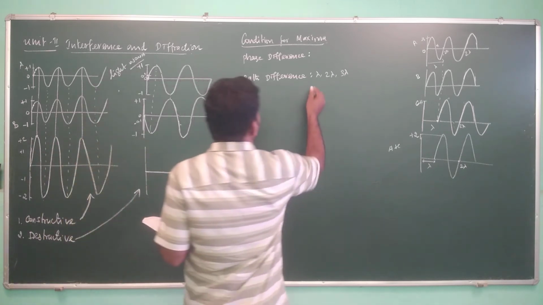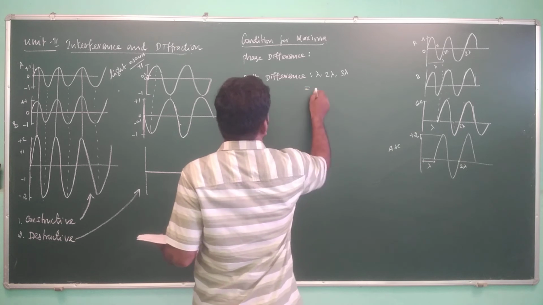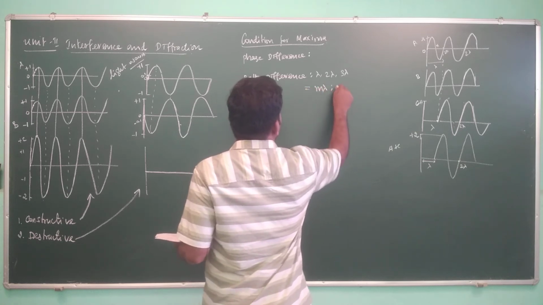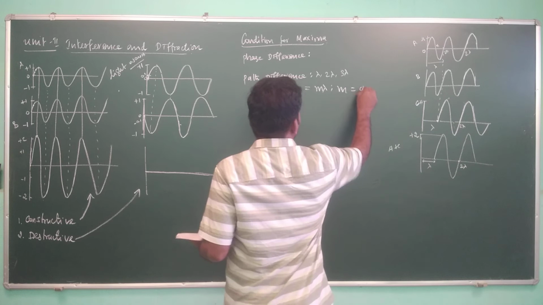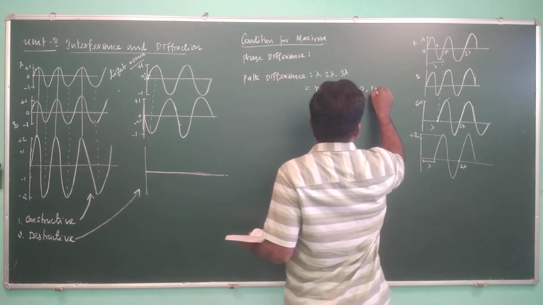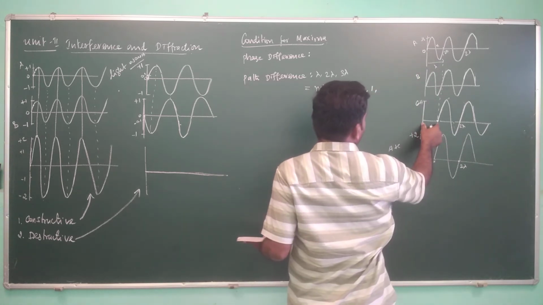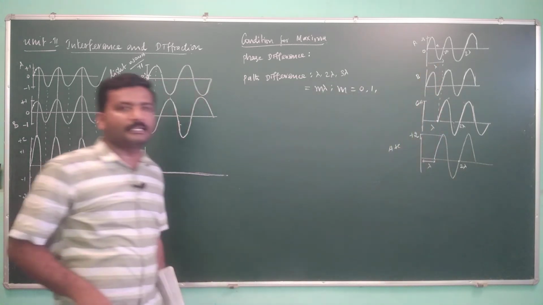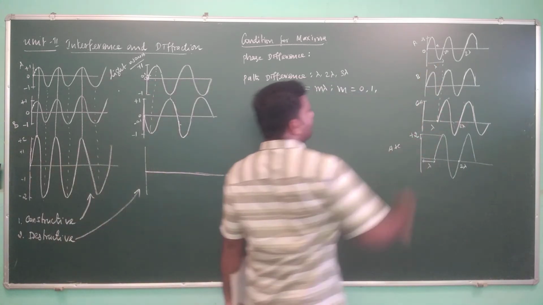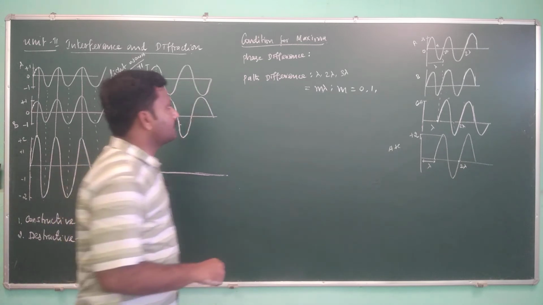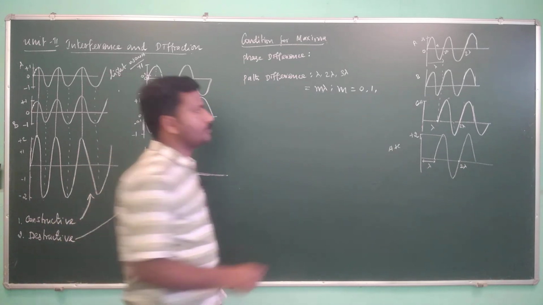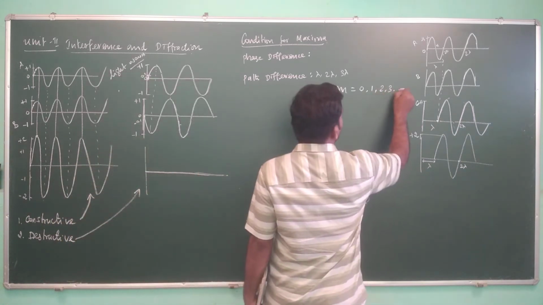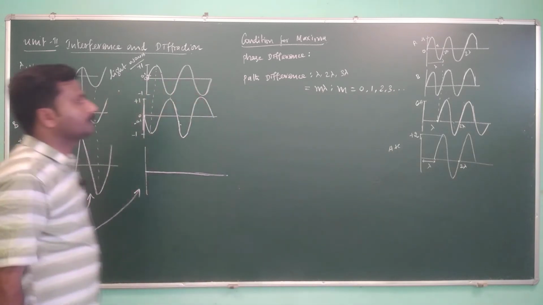In general, you can write that when the path difference is m lambda, where m is equal to 0, which means both are in phase, or 1, the second wave starting at a difference of wavelength lambda, or if it starts after 2 lambda, in all these cases we will get constructive interference, 1, 2, 3 and so on.